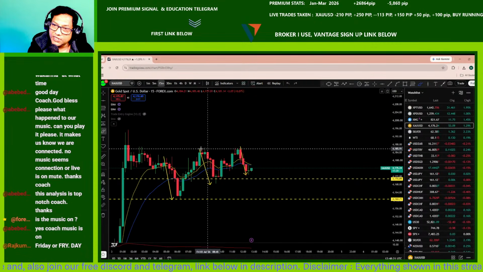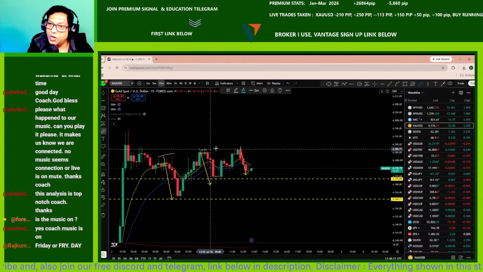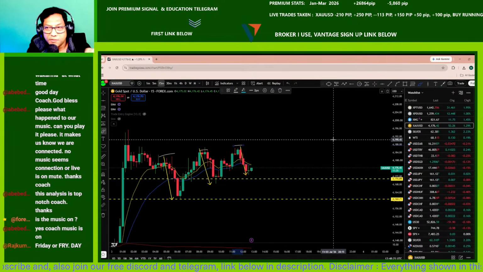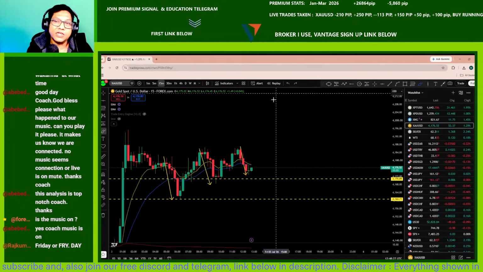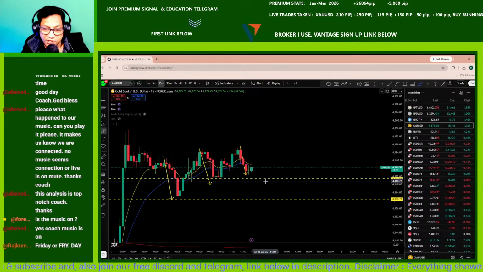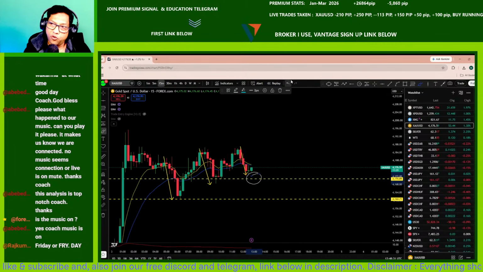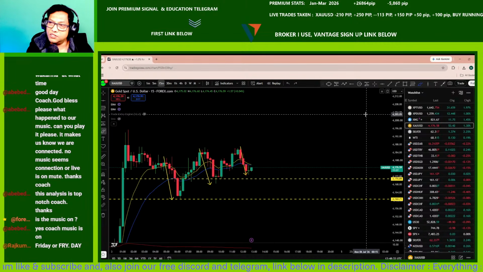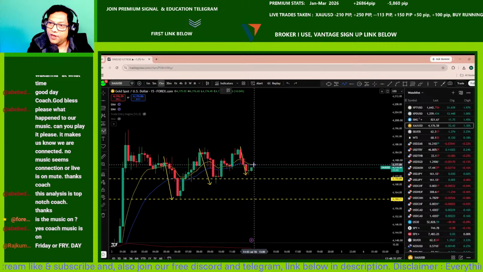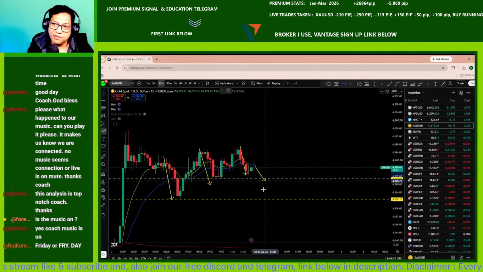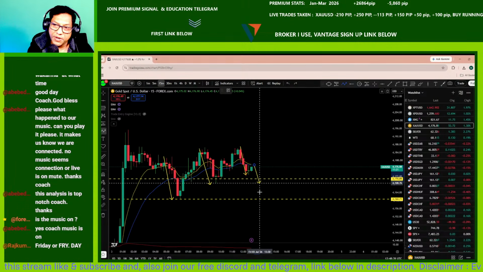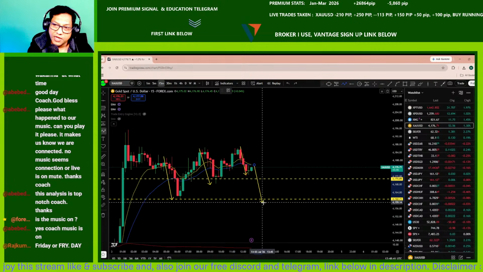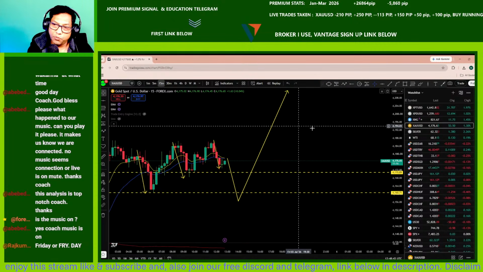However, you can see that the top is also becoming lower and lower. That means the buyers are still not getting very strong, but there is buying happening. Therefore, there is a very high chance that this market will have another break below, and that can be in between any of these, and that is a potential buy area.